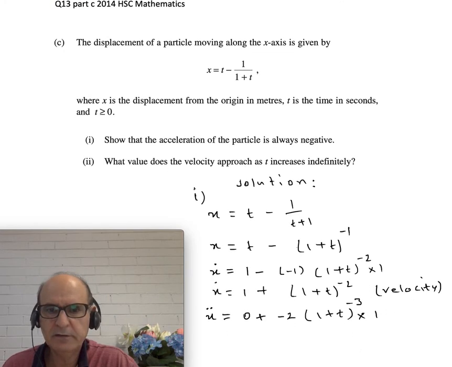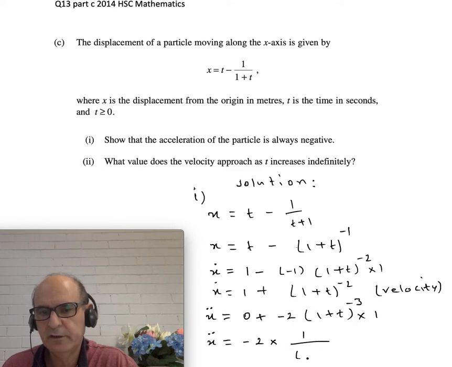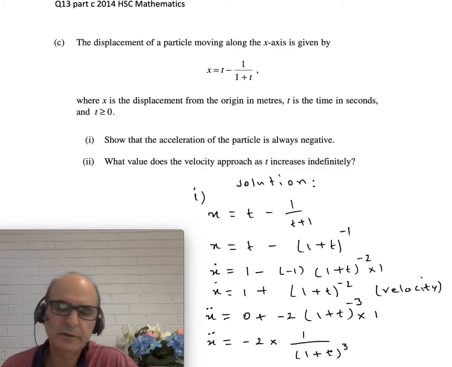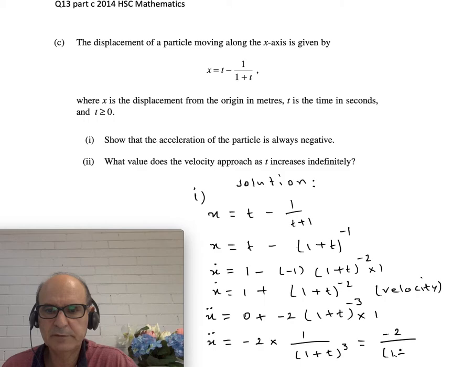That simplified will give us x double dot equal to 1 times minus 2, 0 just disappears, 1 times minus 2 is minus 2, and times by this. This is a negative power again, I can go back to a fraction, and this negative power becomes a positive power in the denominator. So that simplifies to minus 2 over (1 plus t) to the power of 3.